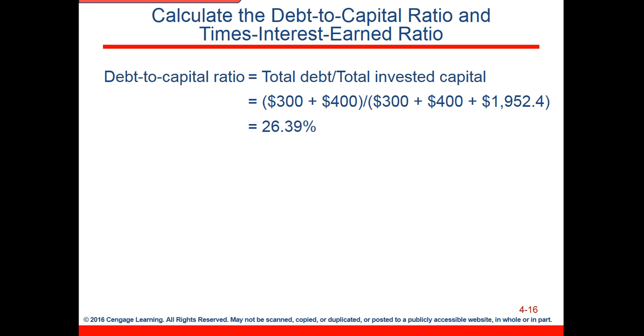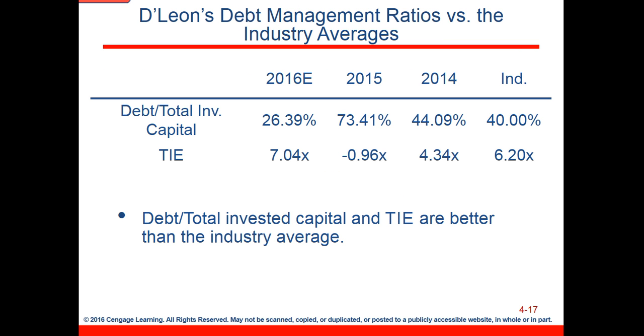Then we look at the solvency ratios, or debt to capital and times interest earned ratios. Debt to capital ratio is total debt divided by total invested capital, and times interest earned ratio is earnings before interest and taxes divided by the interest payments.